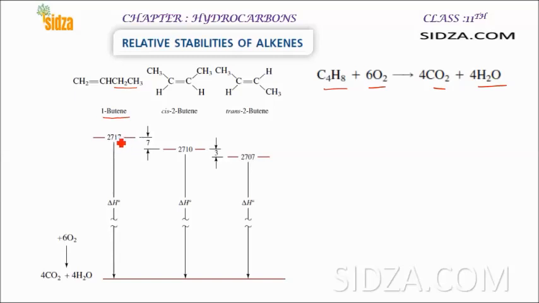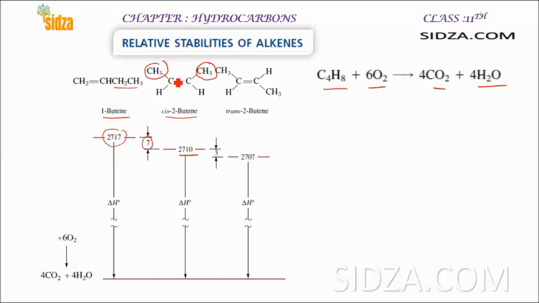The heat of combustion here is 2717 kilojoules. But for cis-2-butene, we have 2 alkyl groups, and we find the heat of combustion is less. It is 2710. So the difference is 7. That means this but-2-ene is more stable than but-1-ene.